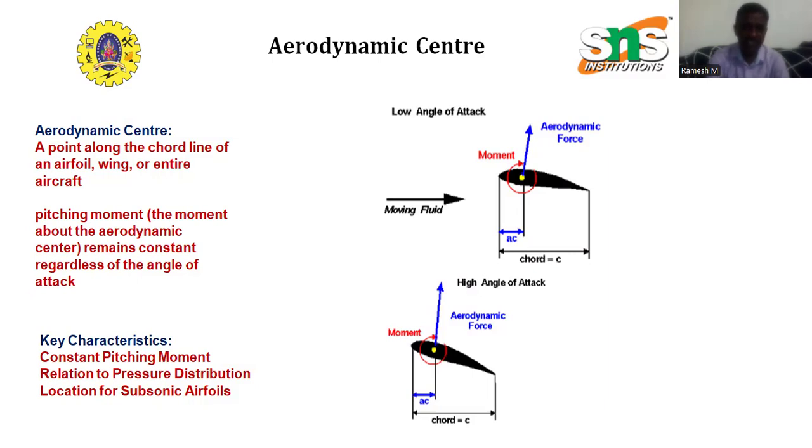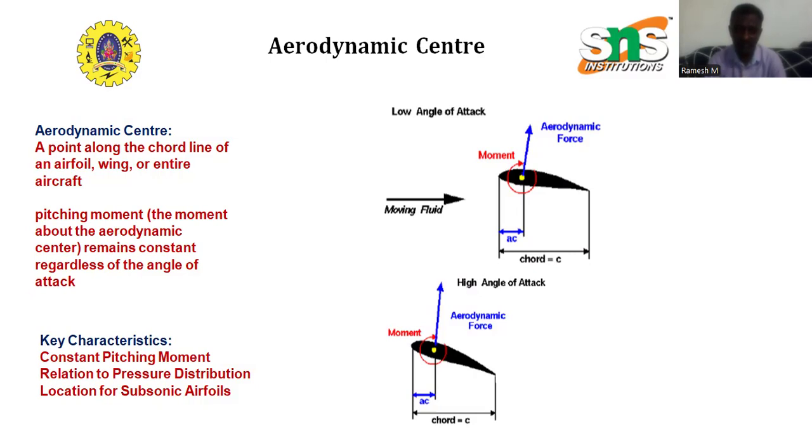Once again, the aerodynamic center is the point along the chord line where the pitching moment remains constant regardless of the angle of attack. This property makes the aerodynamic center a convenient reference point.